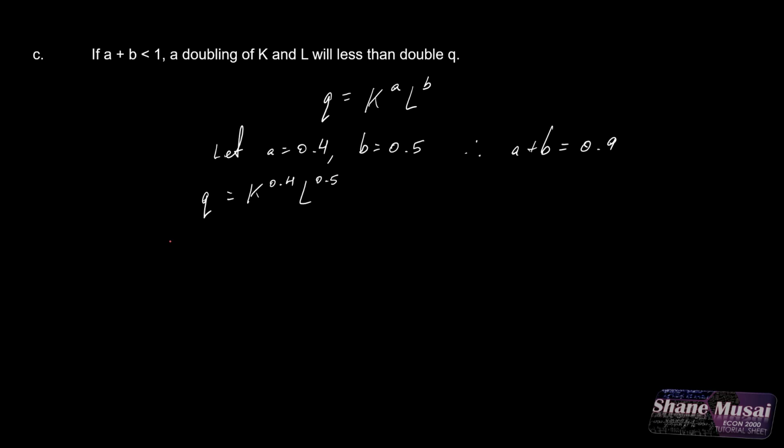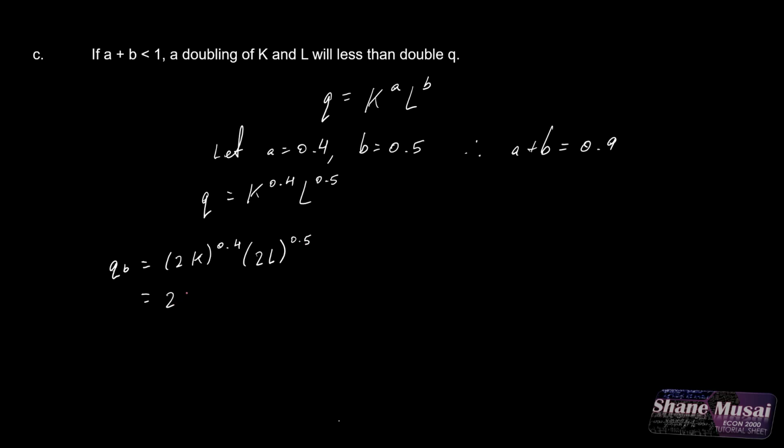Right? And now let's double our input factors, K and L. Since previously in part B we used QA, now we would use QB just to differentiate our production functions. So QB is equal to 2K to the power of 0.4 times 2L to the power of 0.5.